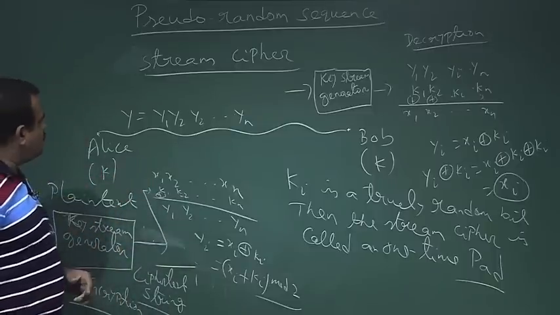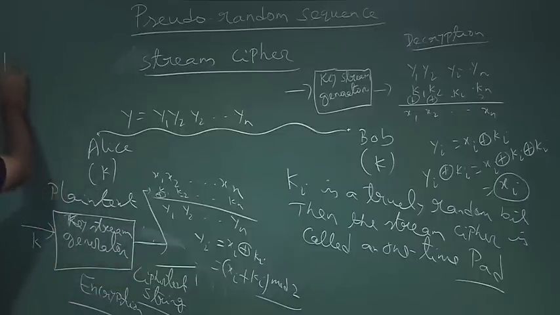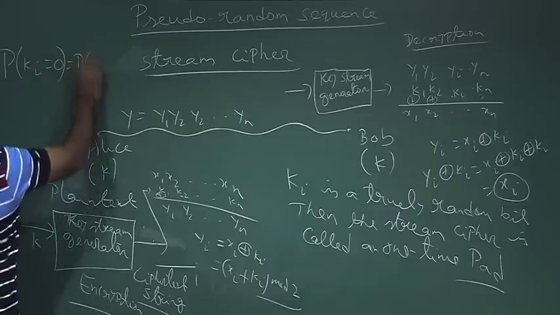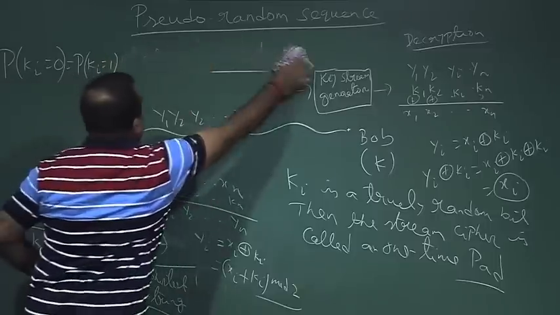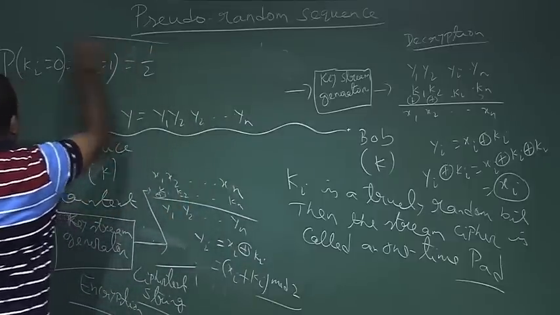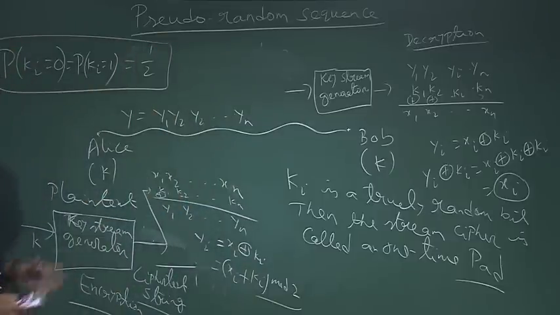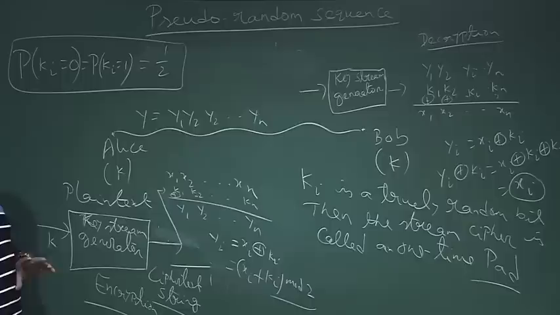So, a truly random bit means that ki is a 0 1 bit, either 0 or 1, and the probability of 0 and the probability of 1 should be equal. Then it is called a truly random sequence. And we have seen in the earlier class that if this is satisfied, then it possesses the Shannon notion of perfect secrecy.